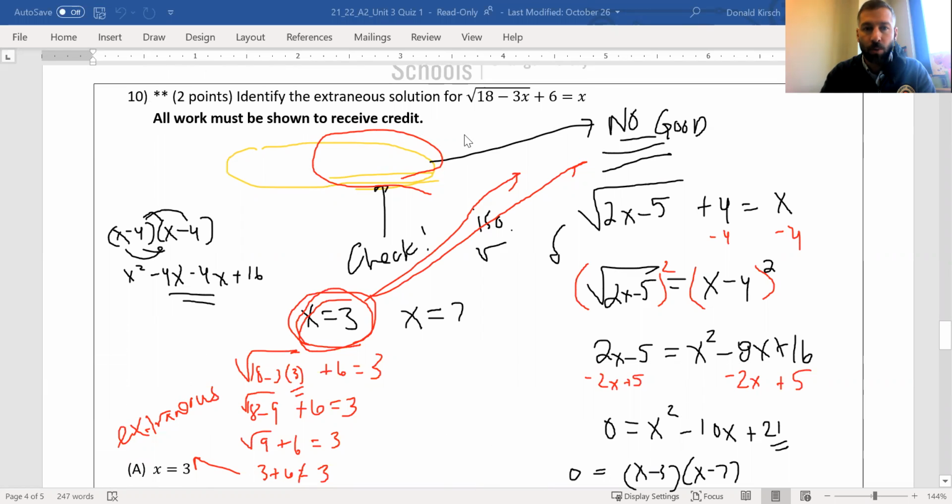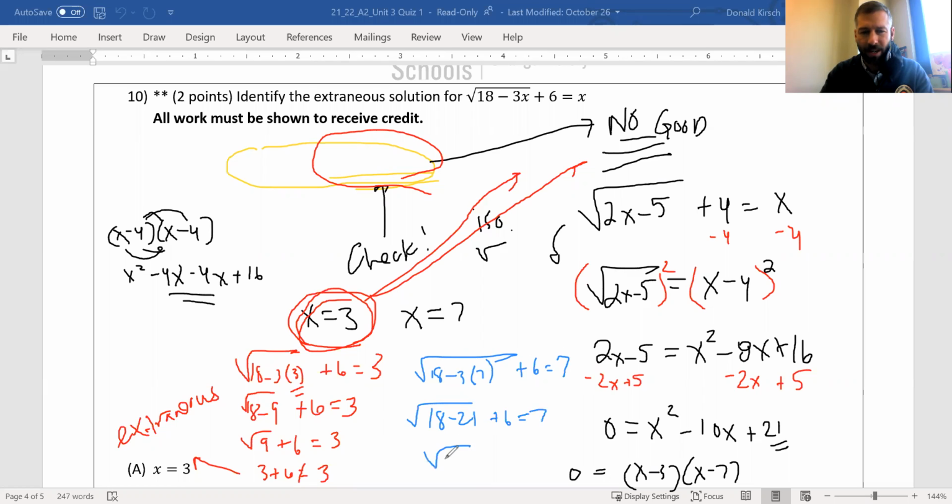And so I also want to plug in 7. We'll plug that in for all of our x's. And we get, let's see, 18 minus 3 times 7 plus 6 equals 7. And I get 18 minus 21 plus 6 equals 7.